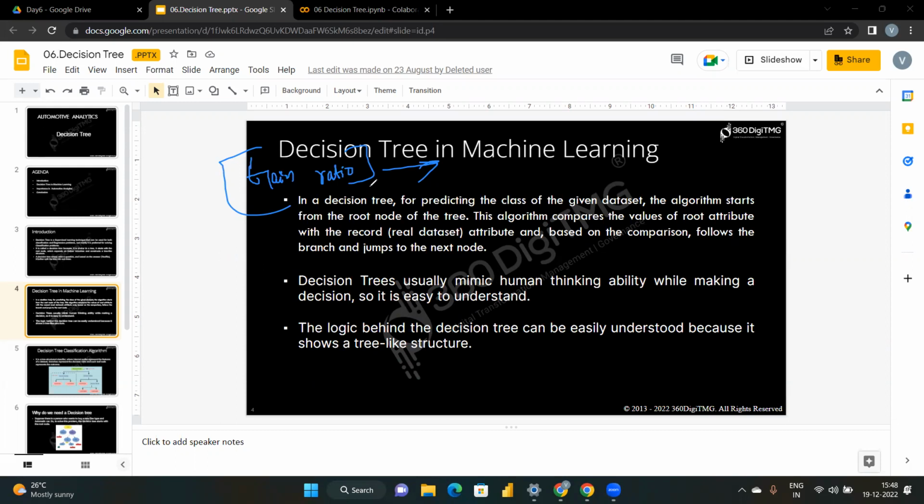It means it prefers the attribute with a large number of distinct values. So C4.5, an improvement of ID3, uses gain ratio, which is a modification of information gain that reduces its bias, and it is usually the best option.